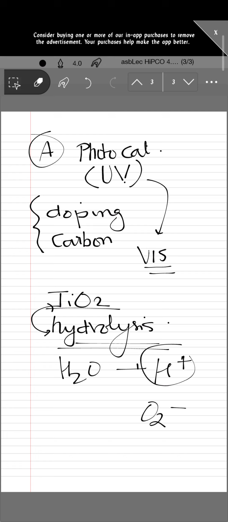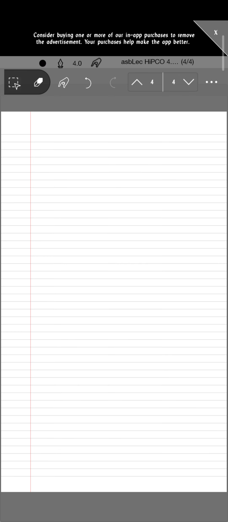Now, there are different ways of synthesizing this titania.